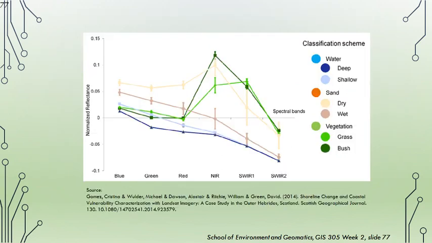Another example here where classification schemes for a given image have shown that different surfaces have different spectral signatures. The most distinctive in this case is likely this bushy vegetation where you have a very high value for near infrared emission or reflectance.